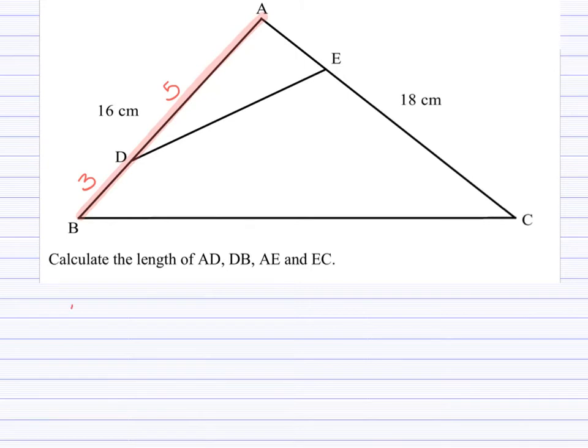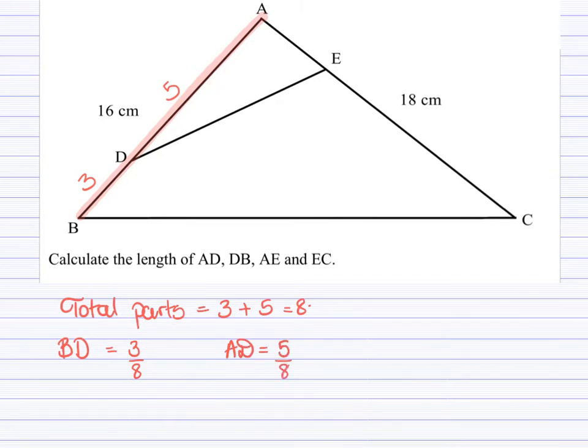How we work that out, total parts would be equal to 3 plus 5, which would give you 8. So the proportion from D to B is 3/8. The proportion from A to D would be 5/8.